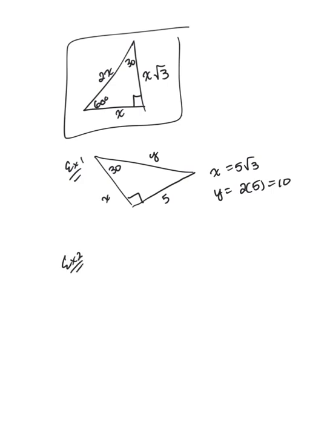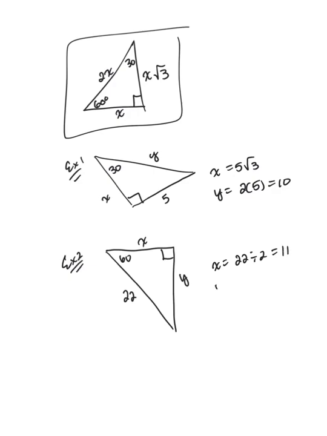Okay, some of them will get a lot more difficult. Okay, so let's say we start with the side across from 90. Let's say that's 22, okay? And then we want to find x and y. So to get the side across from 30, we would do 22 divided by 2.